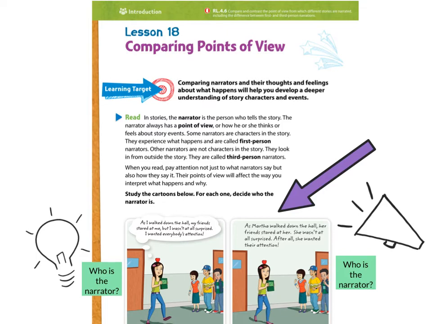Other narrators are not characters in the story. They look in from outside the blank. They are called third-person narrators. When you read, pay attention not just to what narrators say, but also how they say it. Their points of view will affect the way you interpret what happens and why.